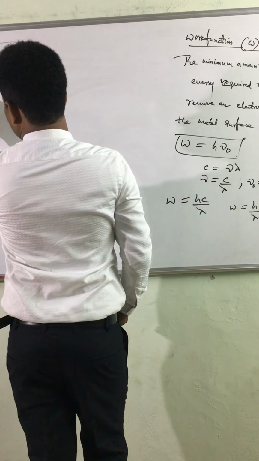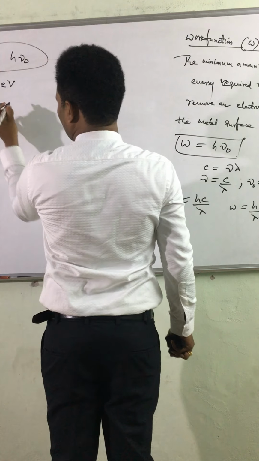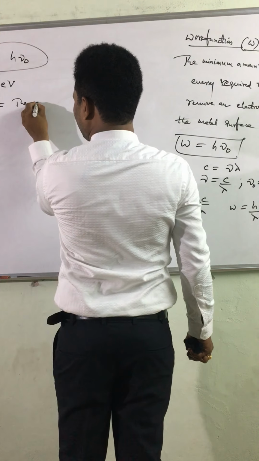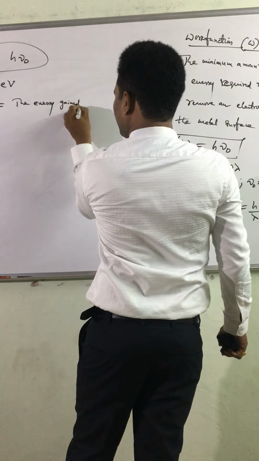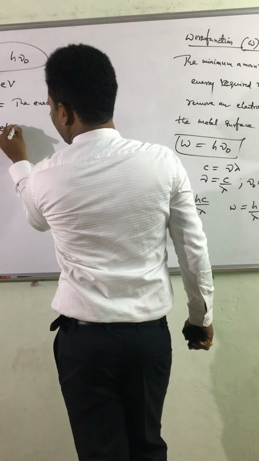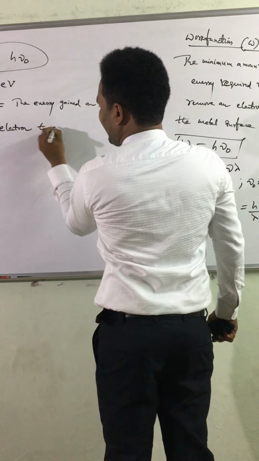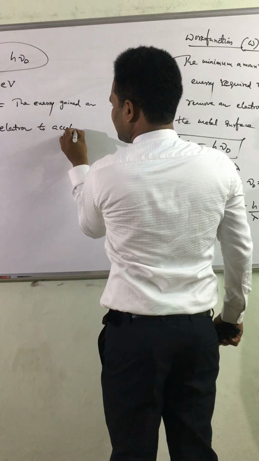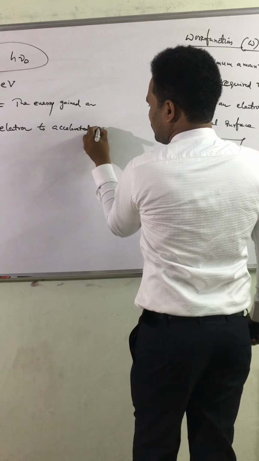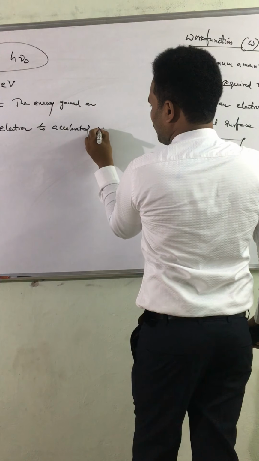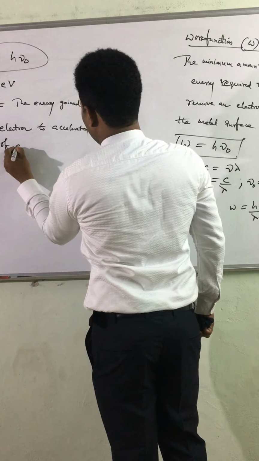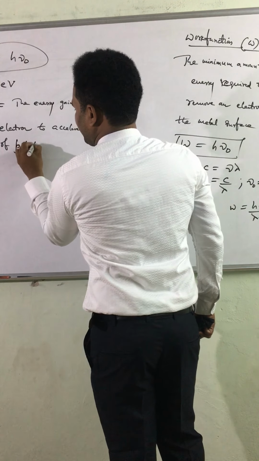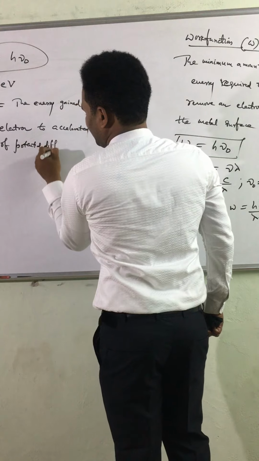What is electron volt? 1 electron volt is the energy gained by an electron to accelerate through 1 volt of potential difference.